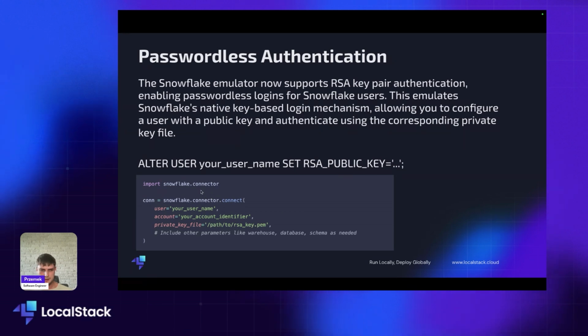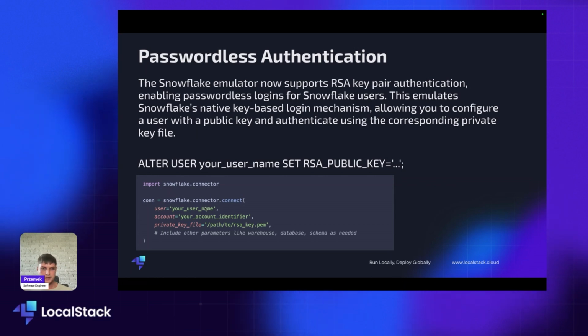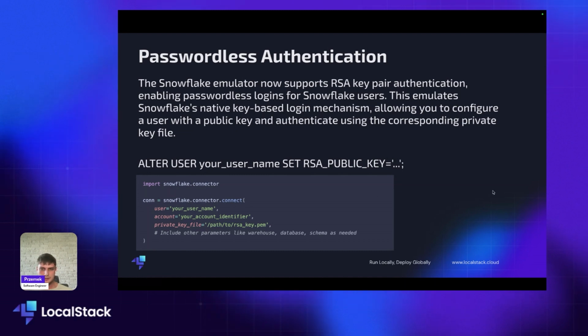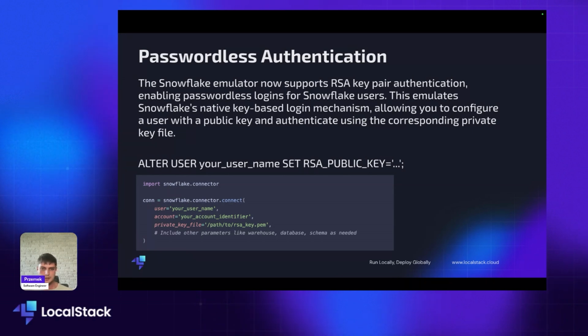For example, here we are using the Snowflake Python connector, and we are pointing to the RSA private key via the private key file property here. It's very useful, and I think right now Snowflake enforces MFA for every account, so that might be your default authentication option right now. So we also emulate that functionality.